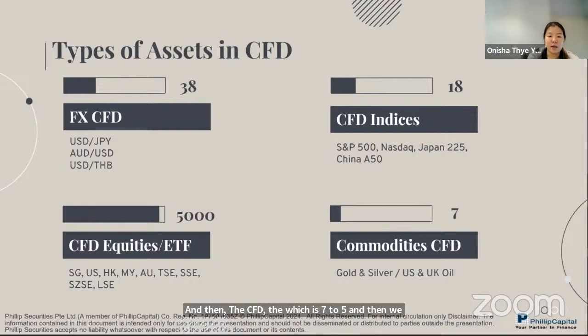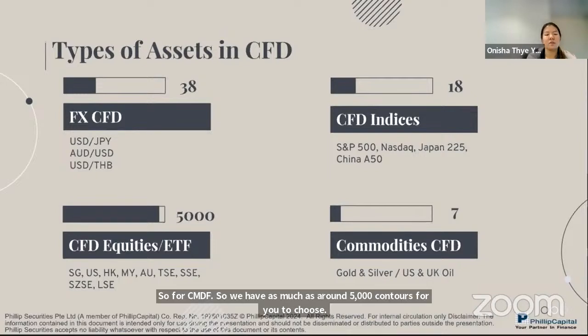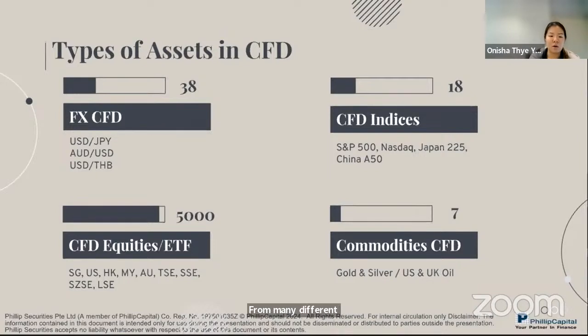and the China A50. Okay, for CFD equities or ETFs, we have as many as around 5,000 counters for you to choose from many different exchanges, including Singapore, US, and Hong Kong, depending on which counter you want to trade. For commodities CFD, we have gold and silver, and also US and UK oil.